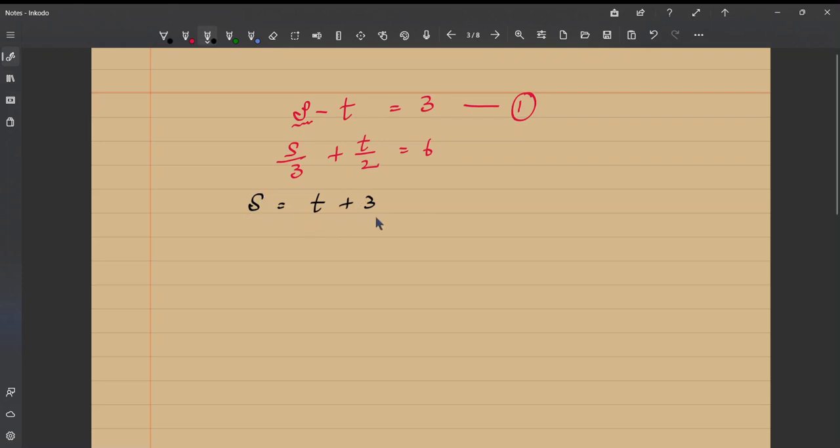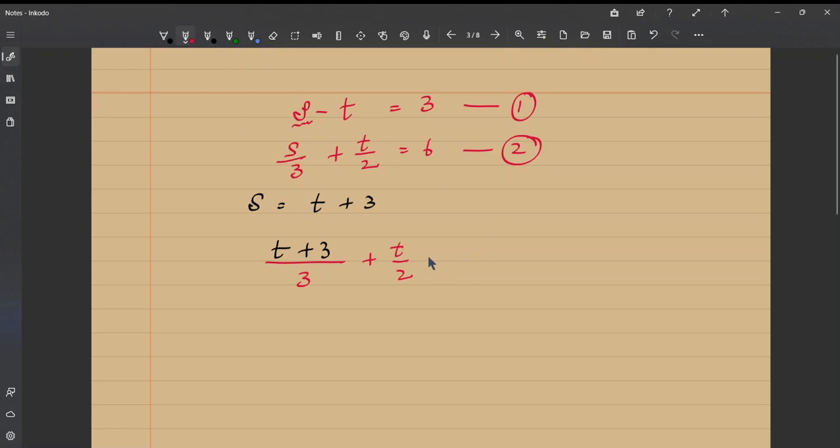Now, using this value of s in your second equation, you can use the value of s here. So, in the place of s we write t plus 3 by 3 plus t by 2. The s is just rewritten as t plus 3.